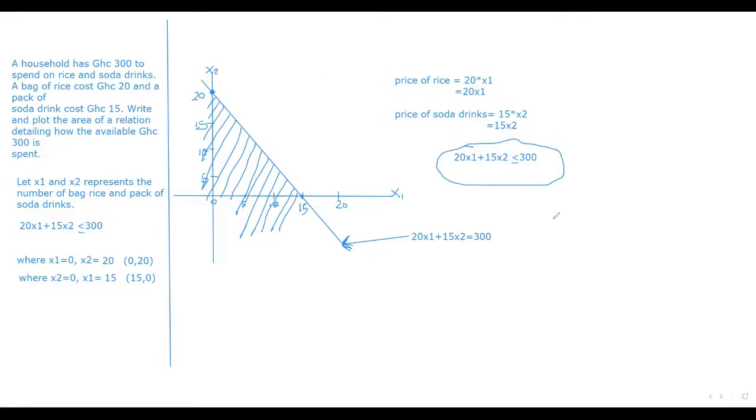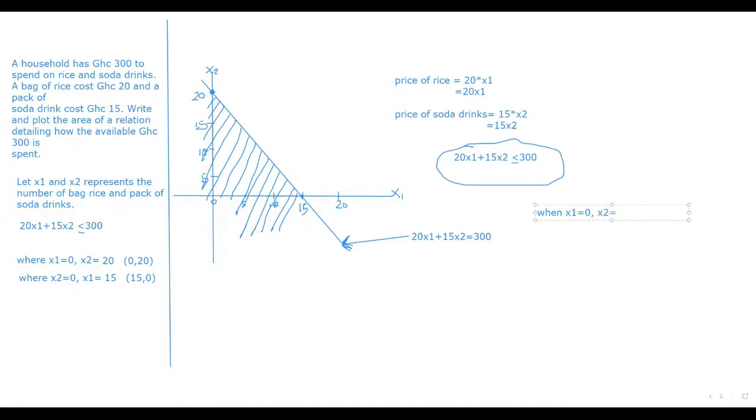So how do you get the coordinates from this kind of expression? We are saying that first of all, you represent x1 with 0. So when x1 is 0, what will be the value of x2?